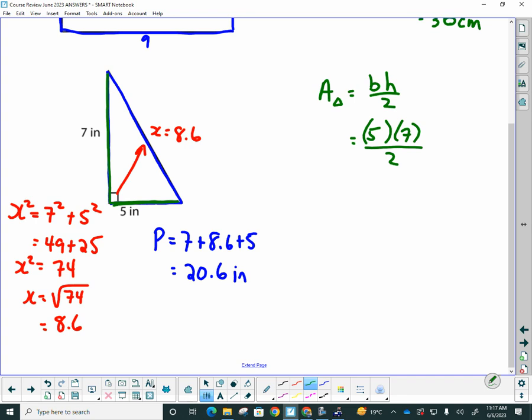So that 5 times 7 on the top is 35. Divide that by 2, or take half of it, and that's going to be 17.5 inches squared.